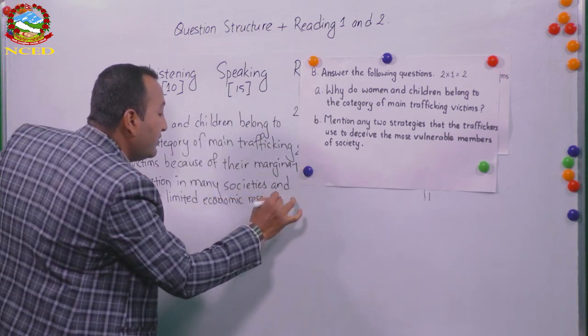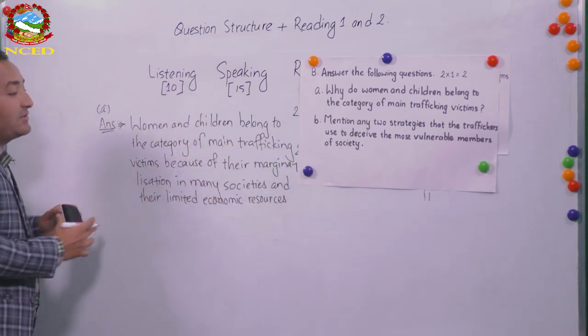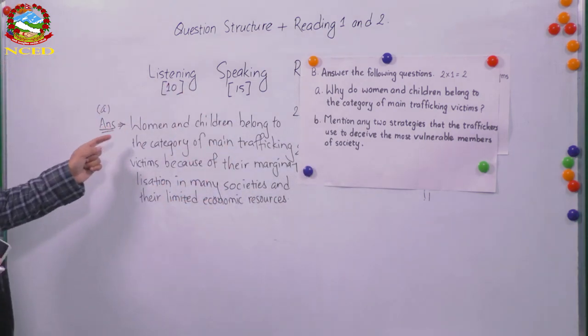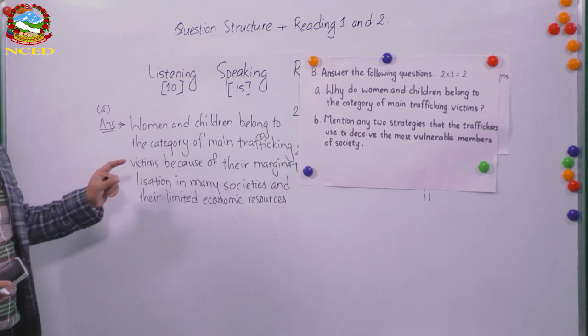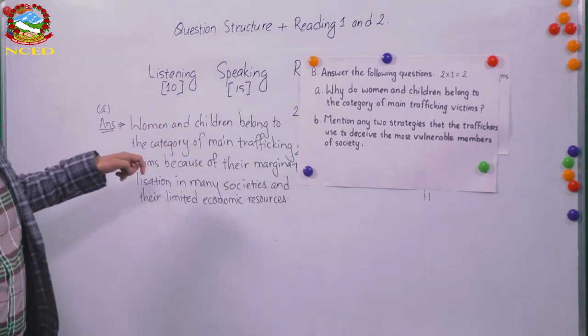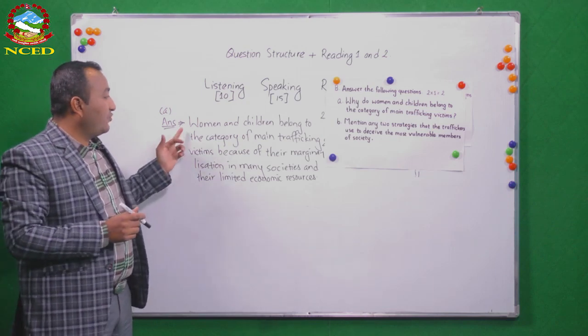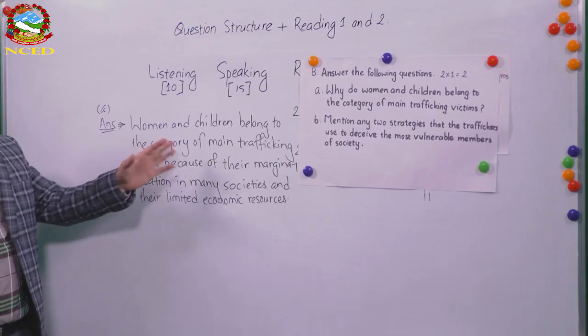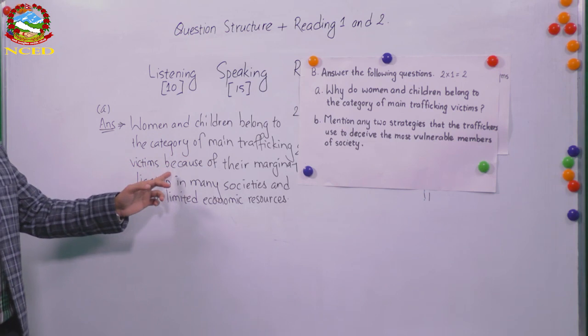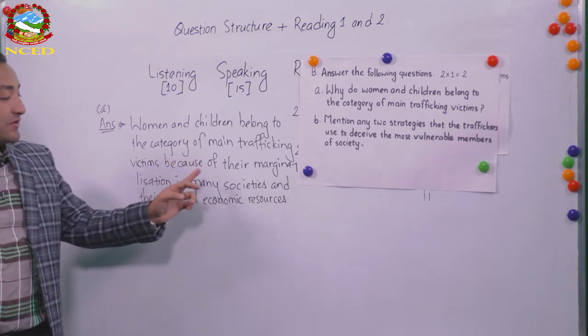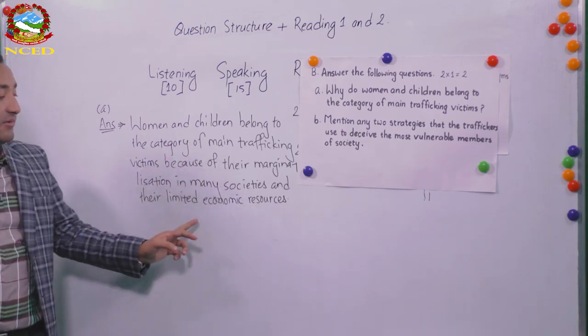Yes, this is how you complete one sentence. This complete sentence will offer you 1 mark. Minor spelling or grammatical mistakes don't matter. So women and children belong to the category of main trafficking victims because of their marginalization in many societies and their limited economic resources.